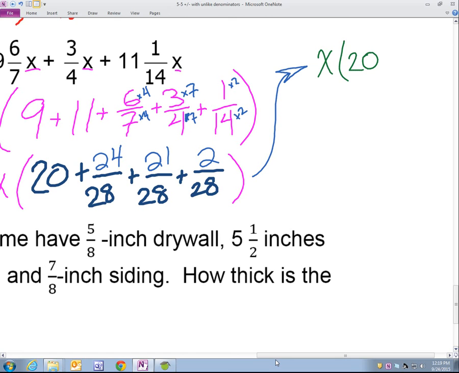So I have to add these together. I have 21 plus 24, which is 45, plus 2, which is 47. 47 28ths.